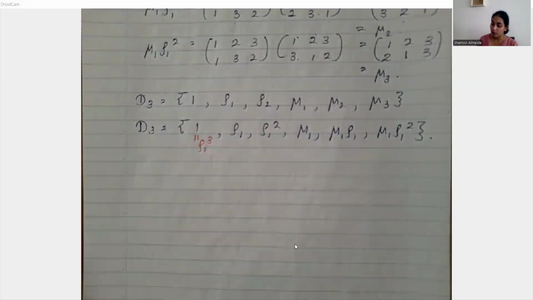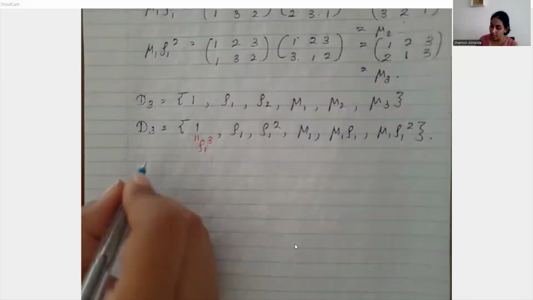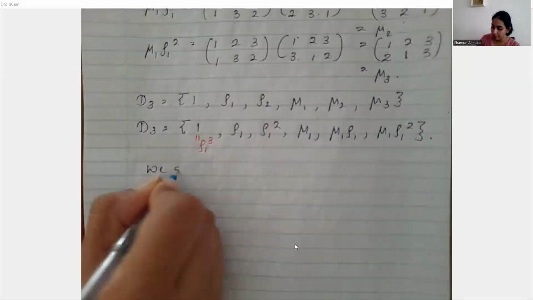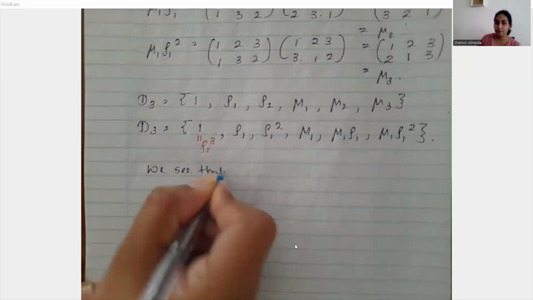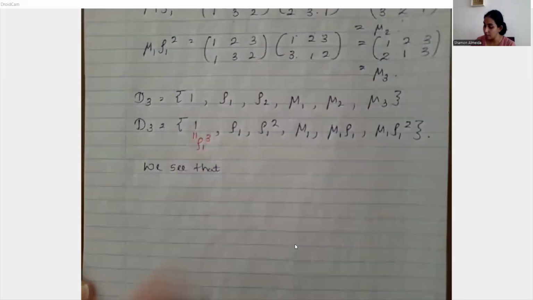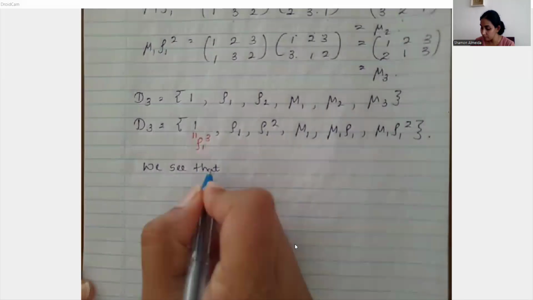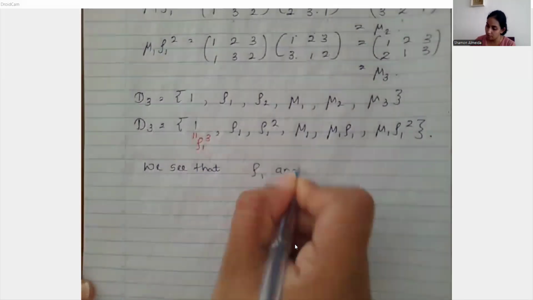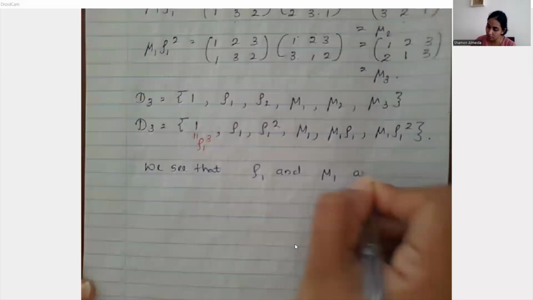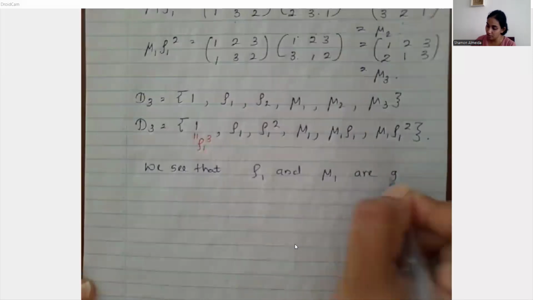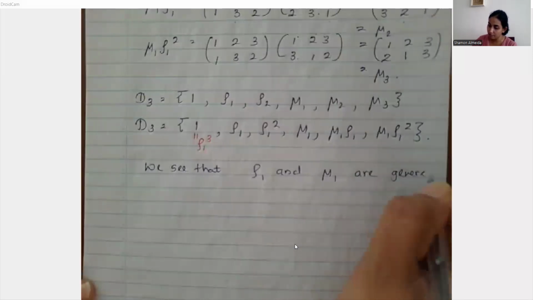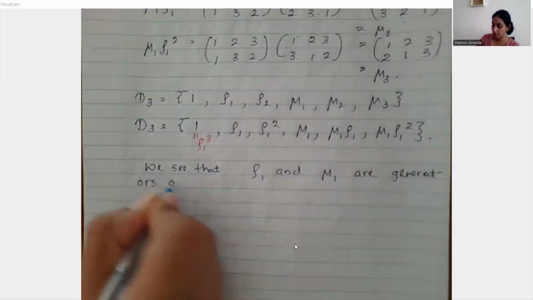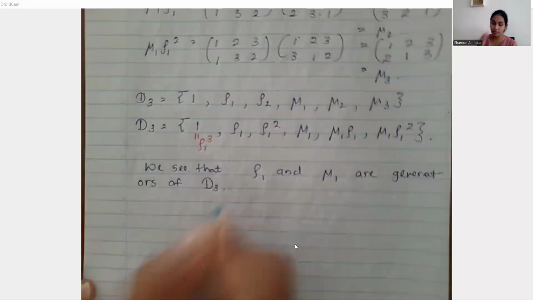Okay? So in other words, we can say that rho 1 and mu1 are generators of D3, right?